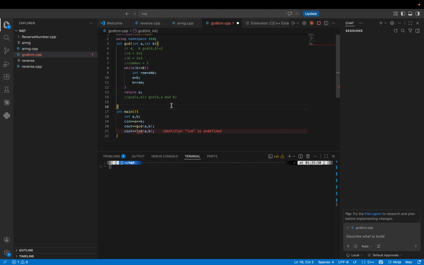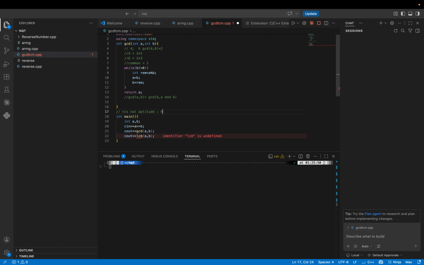Now comes the second part. LCM and GCD have a relation. If we find GCD, then we can find LCM. There was also a very popular TCS-NQT aptitude question related to this.